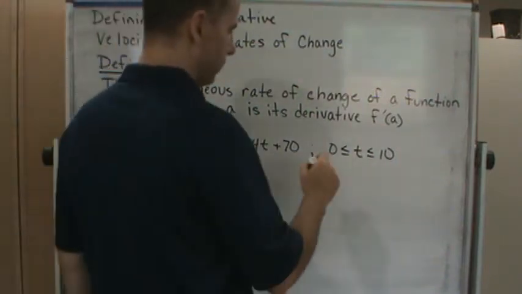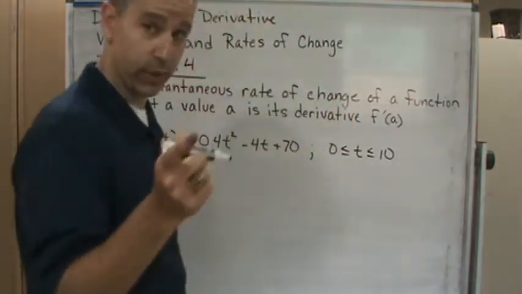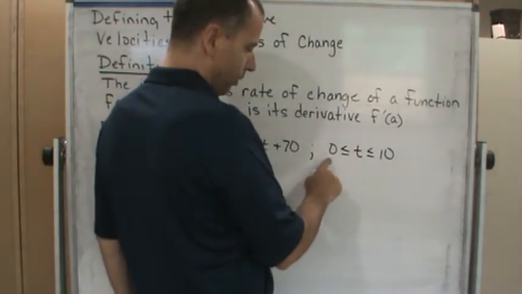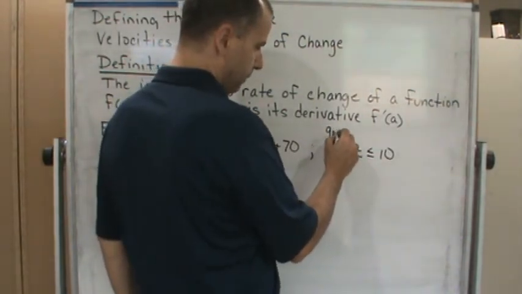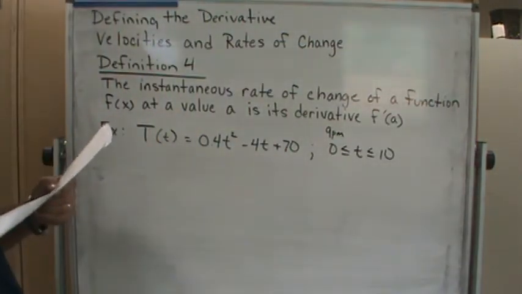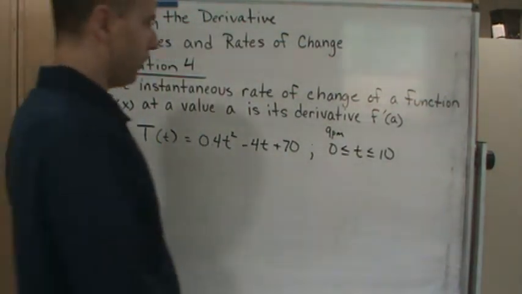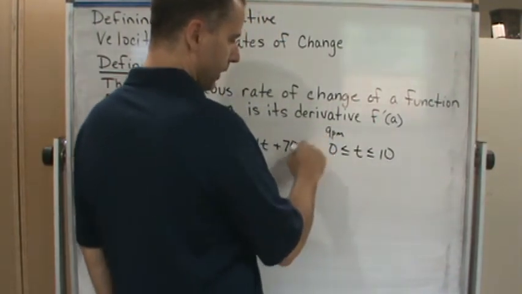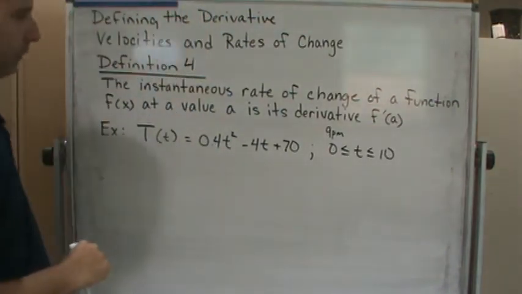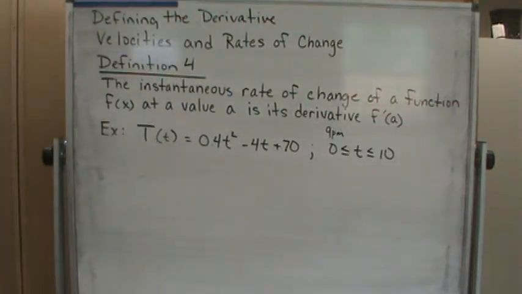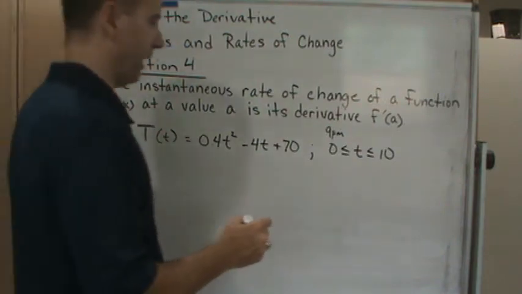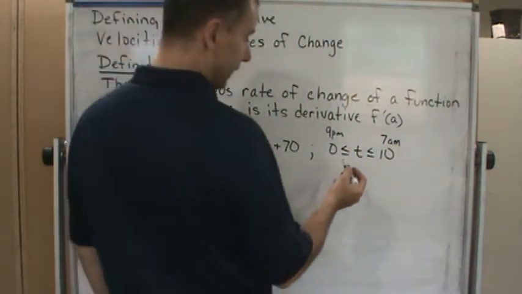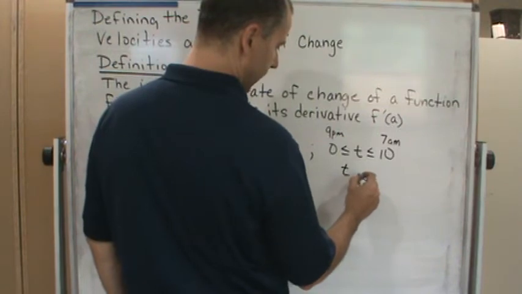Now midnight, what is t? That's important to make sure we understand in the context of the problem. 0 hours is at 9 p.m., and that means t equal to 10 would be 10 hours after 9 p.m., which would bring us to 7 a.m. So what is t at midnight?